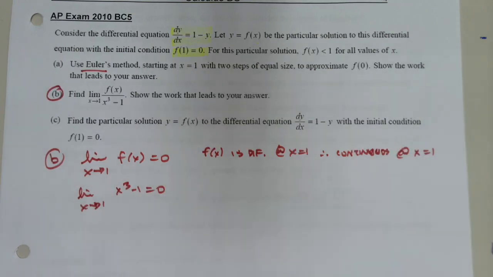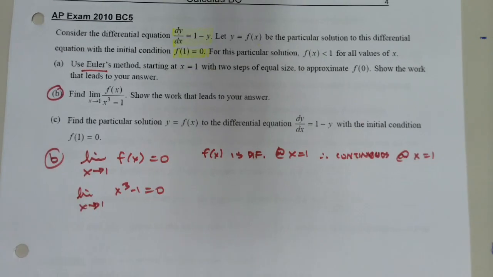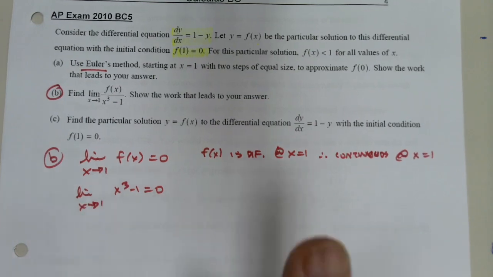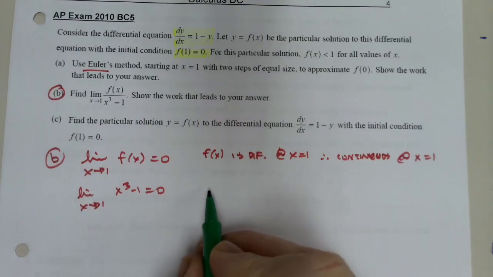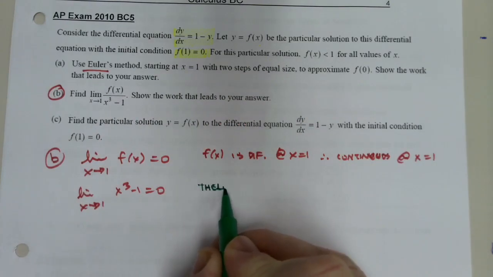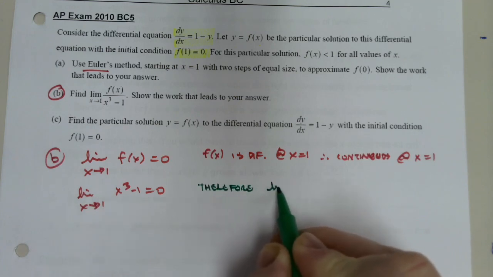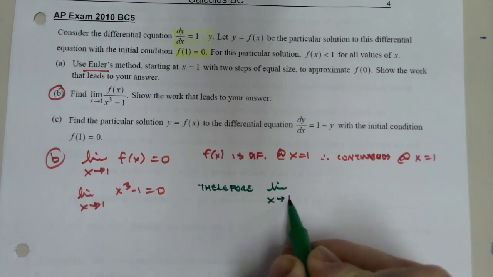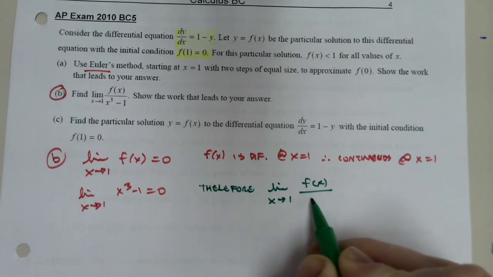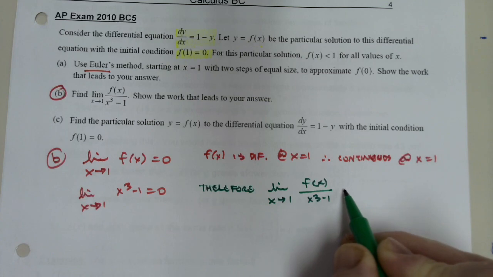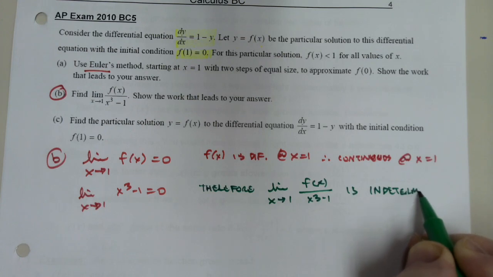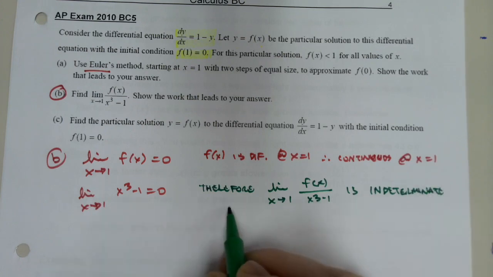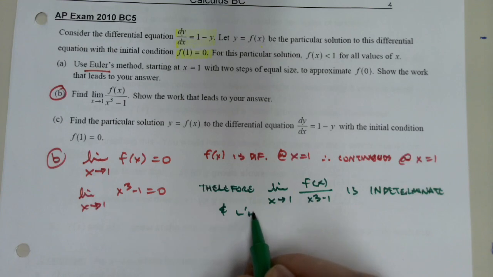So we've got that out of the way, and that's probably going to be part of a point that you're going to need, because remember what we said, if we have this case of 0 divided by 0, we can say something like this: therefore, this limit that we're evaluating, the limit as x goes to 1 of f of x divided by x cubed minus 1, is indeterminate, and L'Hopital applies.